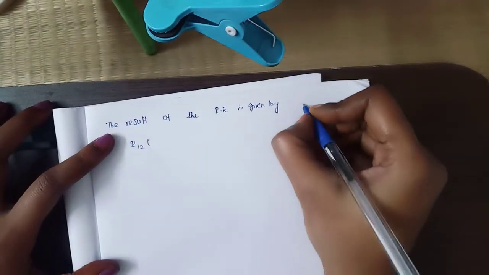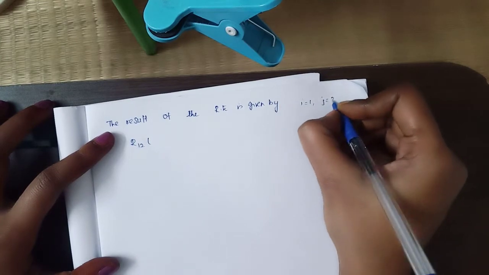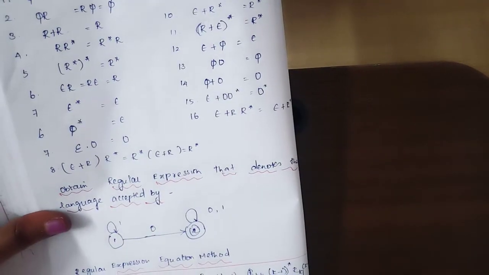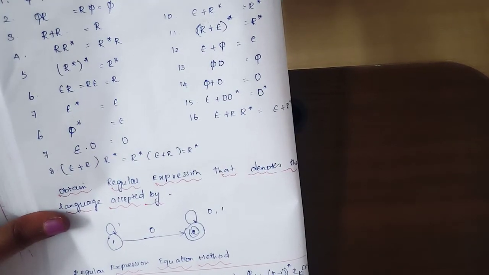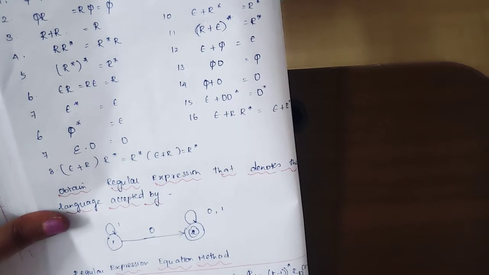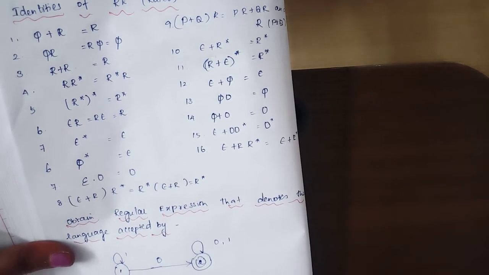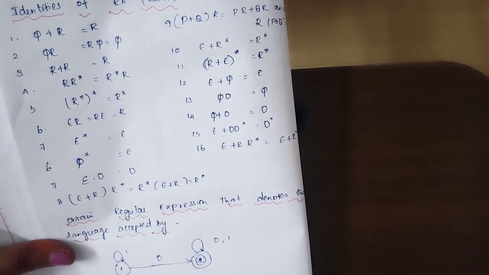Why? Because i equal to 1 here, j equal to 2, and k is also 2, the total number of states. So here i is the initial state, j is a final state, and k is the total number of states.